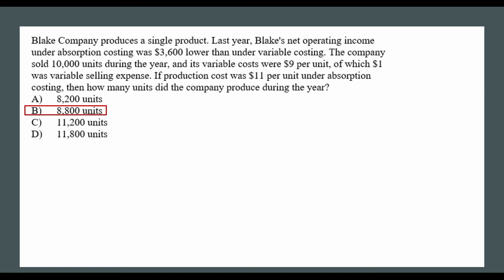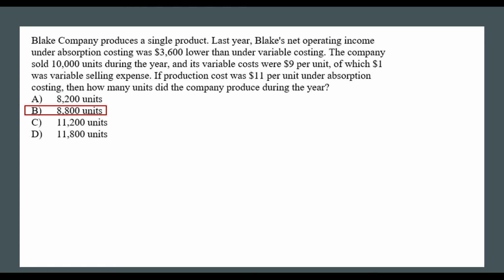In this case, it is noted that the net operating income under absorption costing was 3,600 lower than the variable costing. If that is the case, since we have a lower net income under absorption costing than your variable costing, what can we infer? Under variable costing, the fixed manufacturing overhead cost will be outrightly expensed in the income statement.